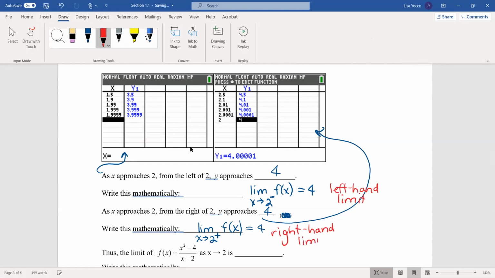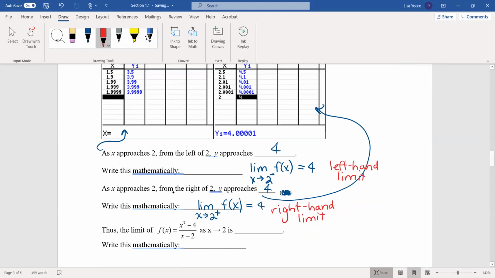Because those are the same numbers, then the double-sided limit is 4. All right, so we'll write the limit as x approaches 2 of the function equals 4. This is called the double-sided limit.